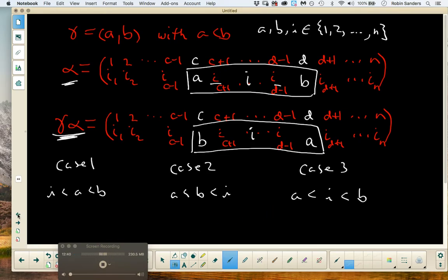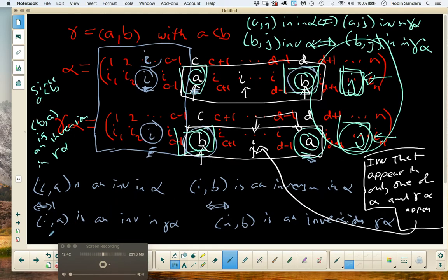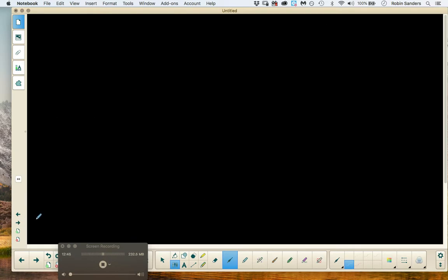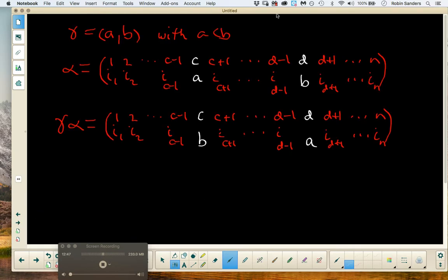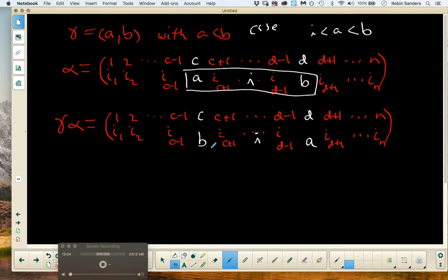So now let's look at case 1. Oops, wrong direction. So case 1 is I is smaller than A and A is smaller than B, and I is living somewhere in this part of the second row in both of these permutations. Now what I want to notice is that this has some pretty important implications.